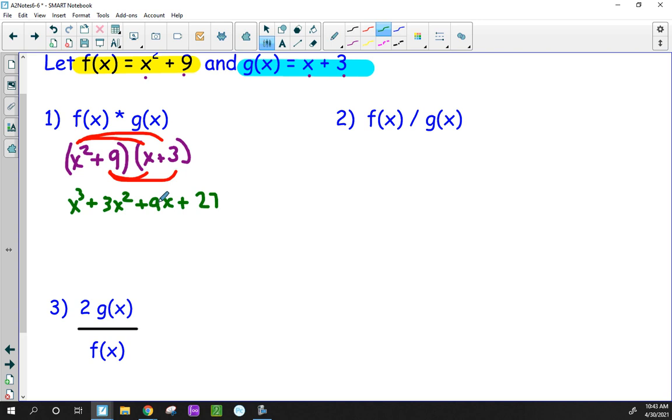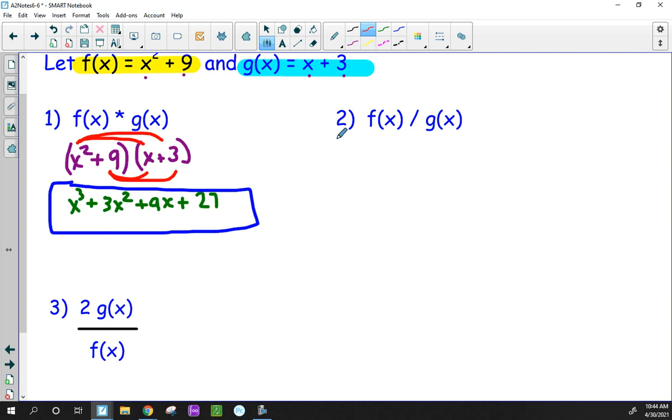Notice there are 4 terms, and your goal is to look for anything that has like terms so you can combine those. Again, like terms are same variable and power. I do not see anything that looks the same. And so this would be the product of f and g if these are your rules.